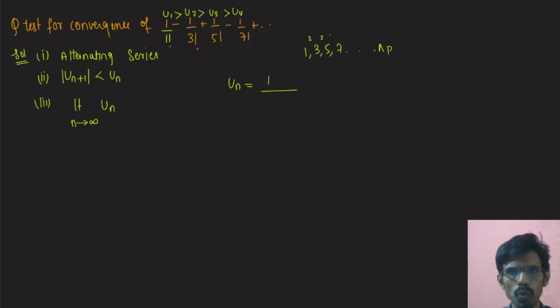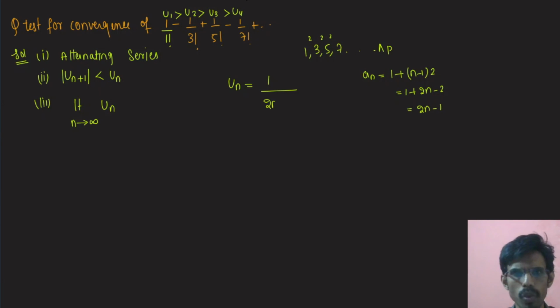So general term is first term plus n minus 1 into common difference 2. So we have 1 plus 2n minus 2, that will be 2n minus 1. So in denominator we have 2n minus 1 factorial. Now put it here, limit n tends to infinite, un value 1 upon 2n minus 1 factorial.